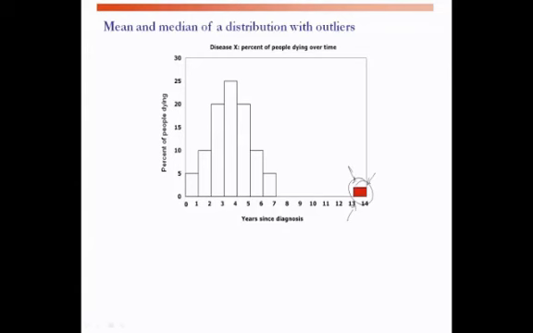What will the effect of that value have on the mean? It will skew it to the right, correct? So outliers influence, so because of this, the mean might shift somewhere here. Without that, where do you think the mean is? Approximately between 3 and 4, right? So approximately 3.5.